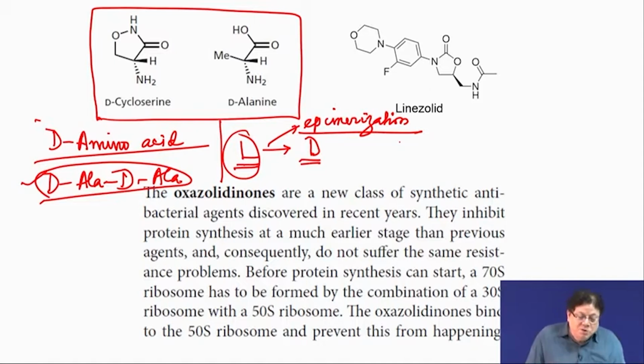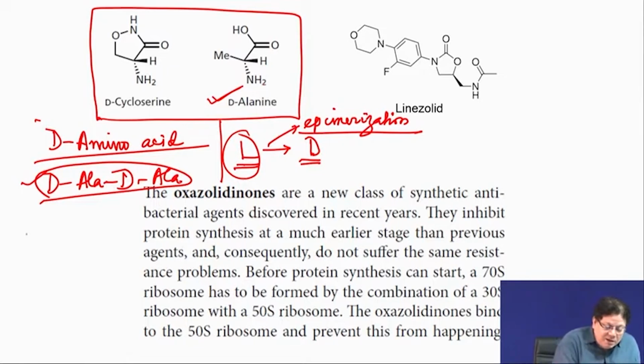Now, because we do not need any D-amino acid in our body, the host does not, at least to this day it is not known that there is a requirement of any D-amino acid.